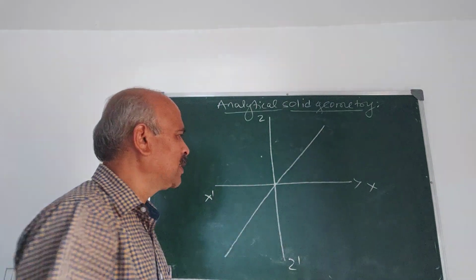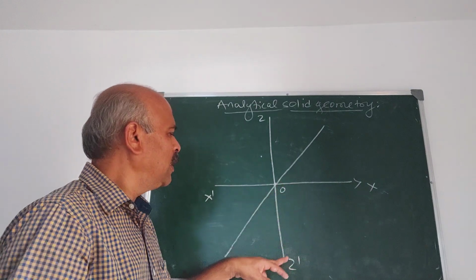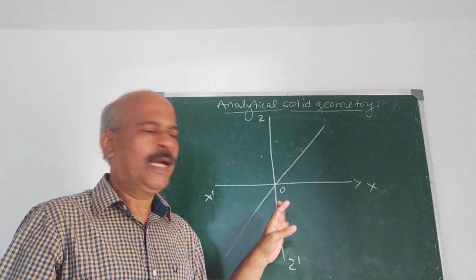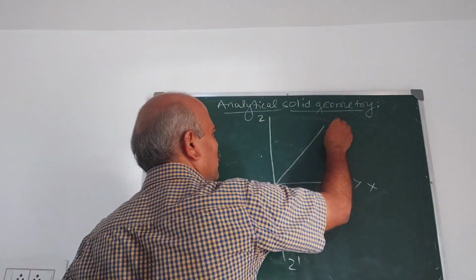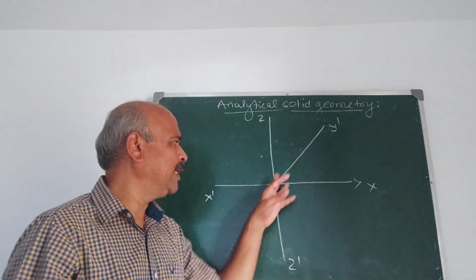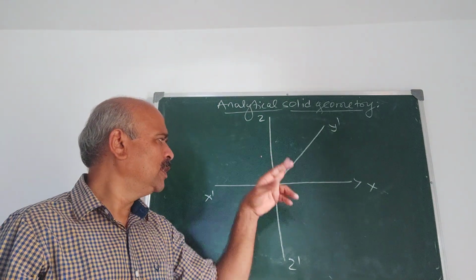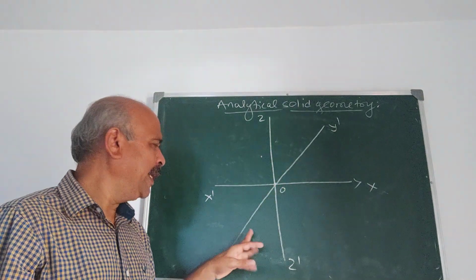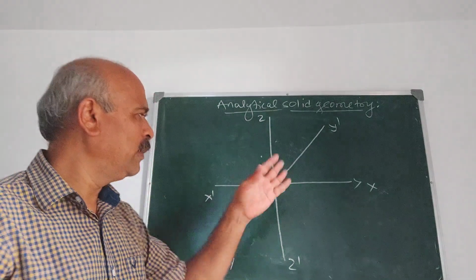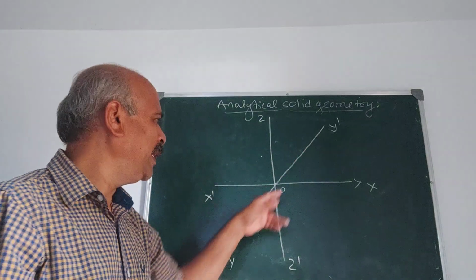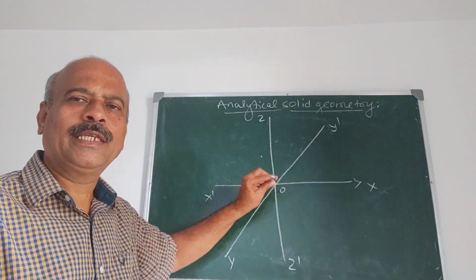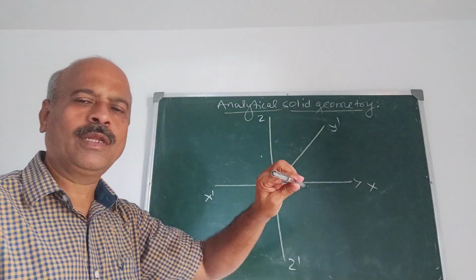We take x dash ox and z dash oz as perpendicular lines in the plane of the blackboard, and you have to imagine that y dash oy is perpendicular to this plane of the blackboard, directed towards you, or towards me. It is perpendicular like this.